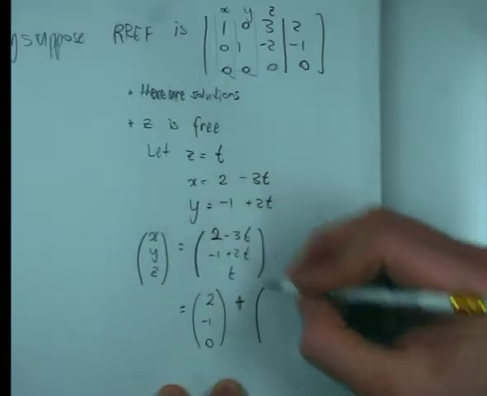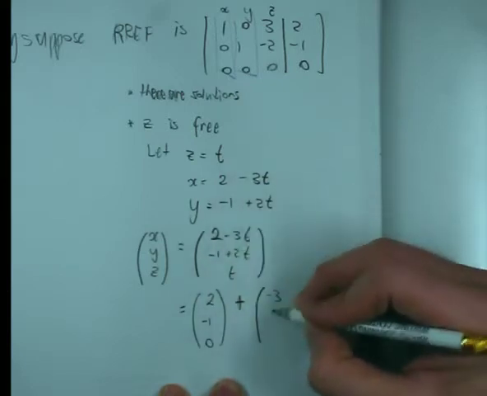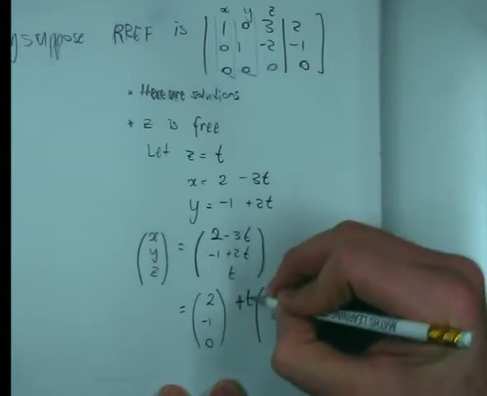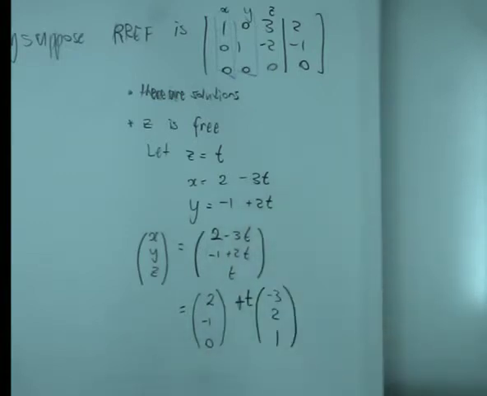So I've got minus 3 lots of t, 2 lots of t, and 1 lot of t. And that's how it's done. And look, that is the vector version of a line. Therefore, if I take all of the points that are in all three planes, what I make is a line, because that's what that is.